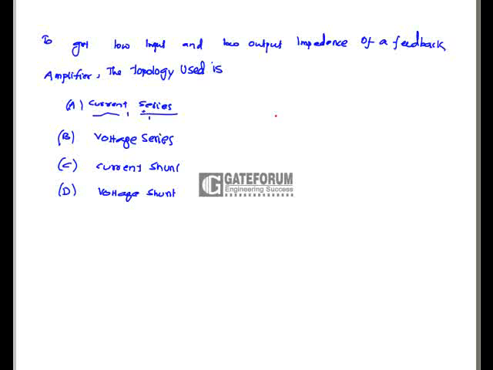If we are connecting the output in shunt, we are sampling the voltage at the output side. That is, voltage shunt is the possible topology to get both low input as well as low output impedances. That is, option D is correct.